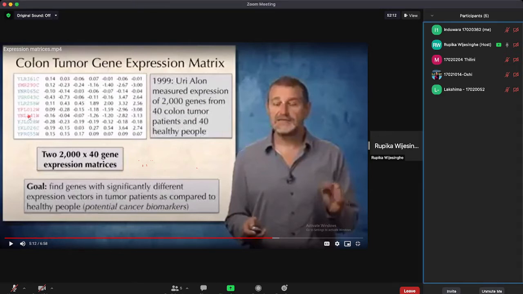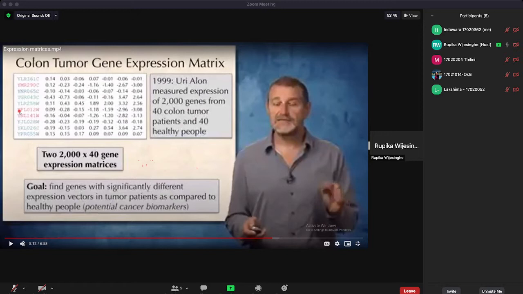So we can see the expression level and decide whether it is colon cancer or not. Right. So that is how these gene expression levels help in developing cancer biomarkers, and how you can use those to identify cancer patients.